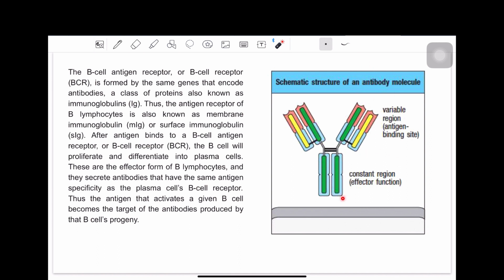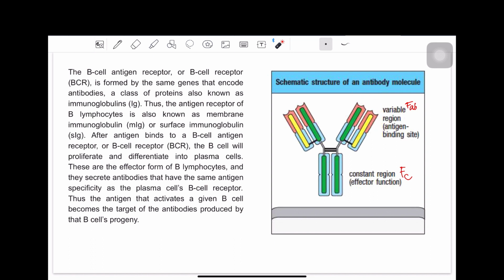One is the constant region, which is also called the Fc region, or the fragment crystallizable. And the Fab region. Fab stands for fragment for antigen binding, and this is the antigen binding site or the variable region of the antibody.